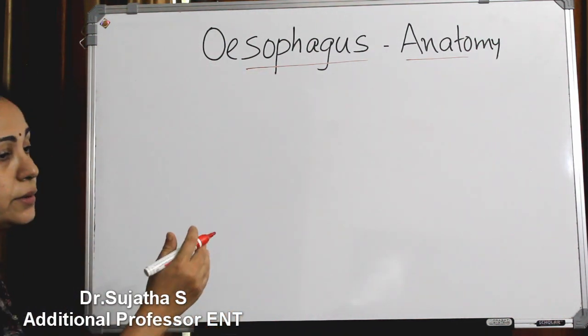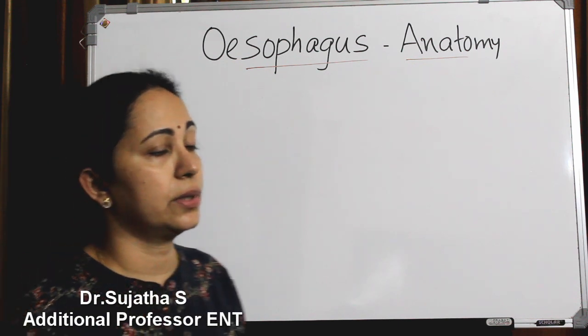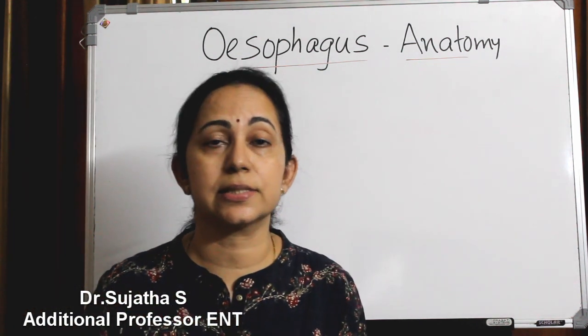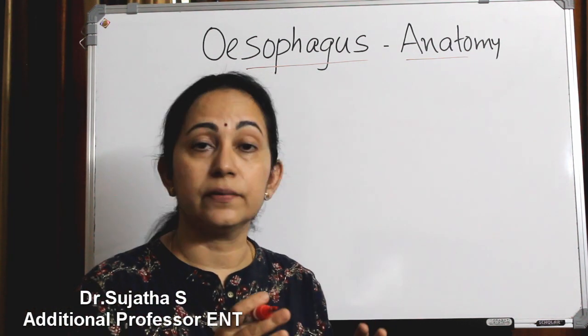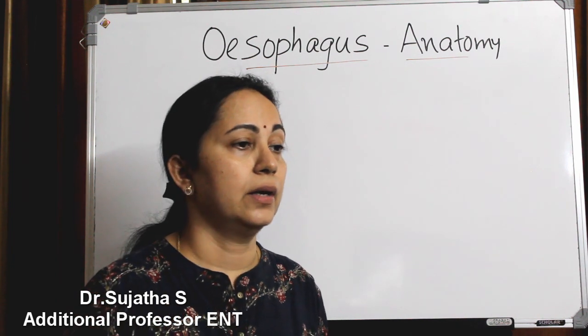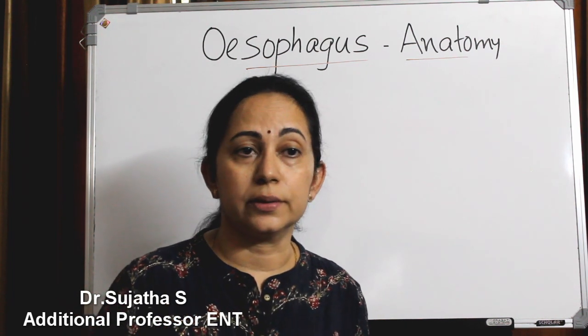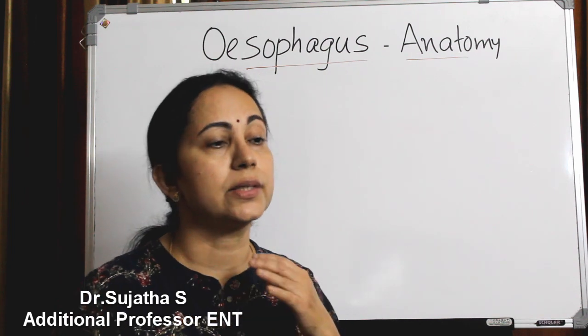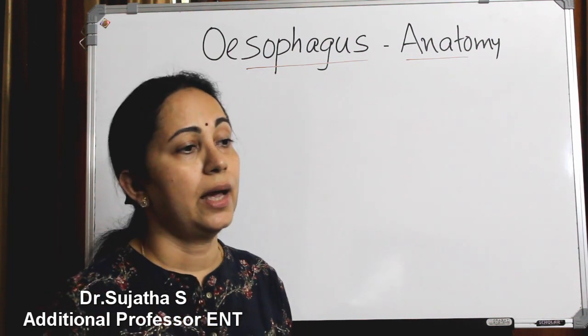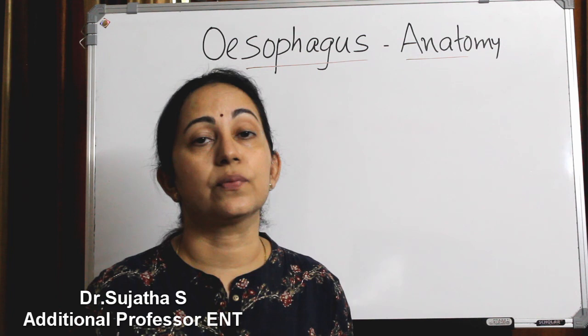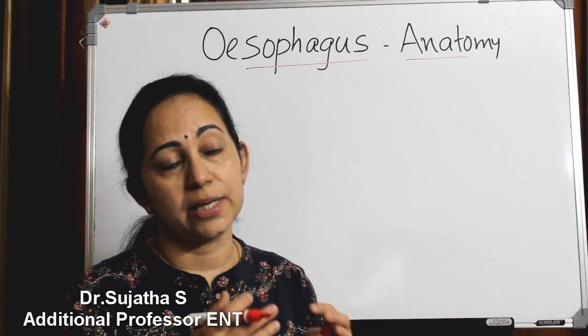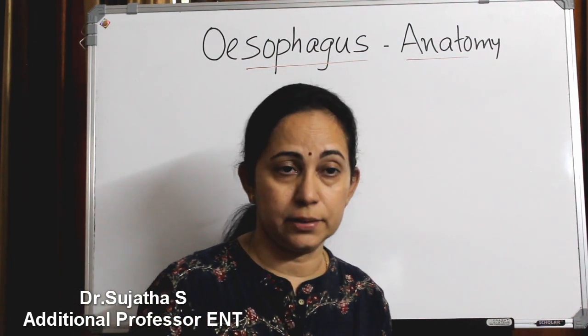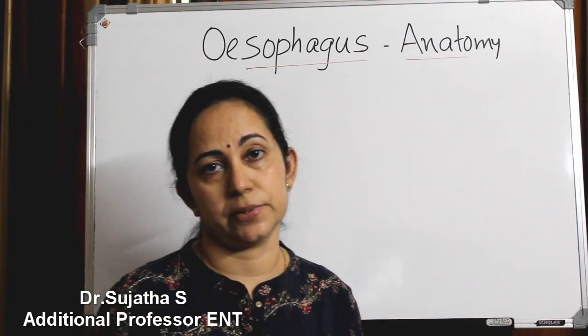The length of the esophagus is important, and also the various constrictions, the curvatures to the right and to the left, the various layers, and the lower and upper esophageal sphincters. These are especially important from our ENT perspective.